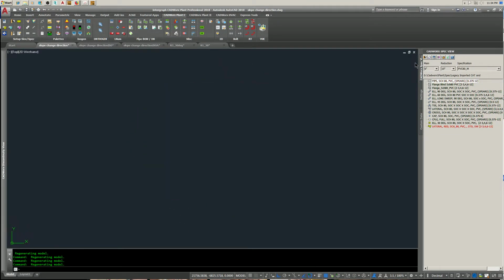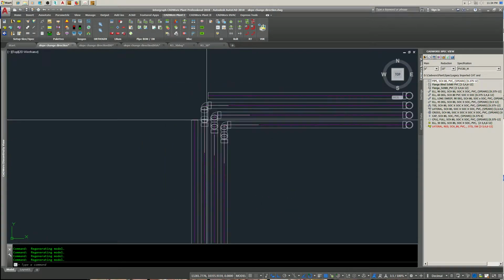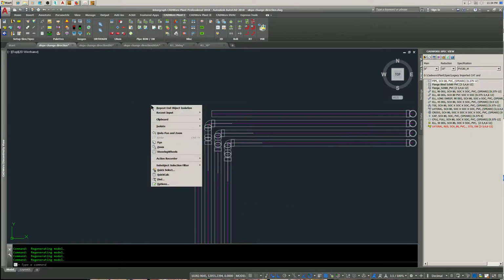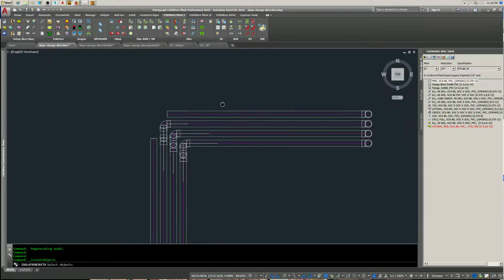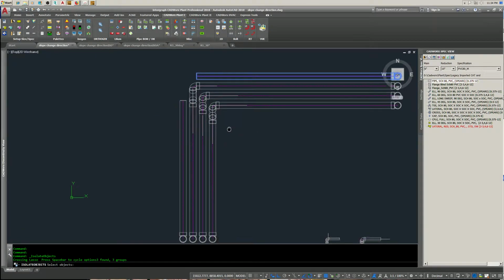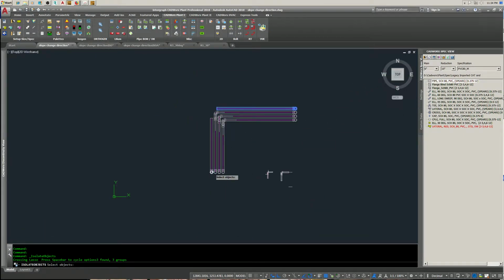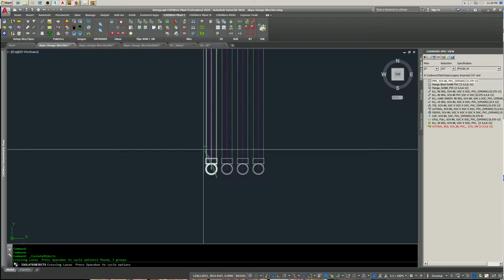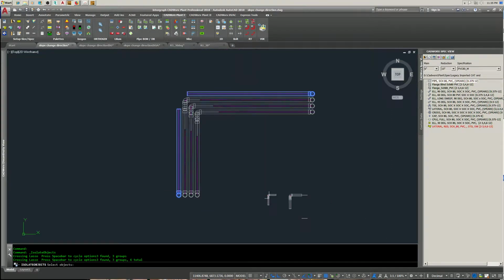Now, if your model isn't aligned to AutoCAD's true north, in other words, the world coordinate system, a lot of those preset coordinate systems in CADWorx don't function properly all the time.